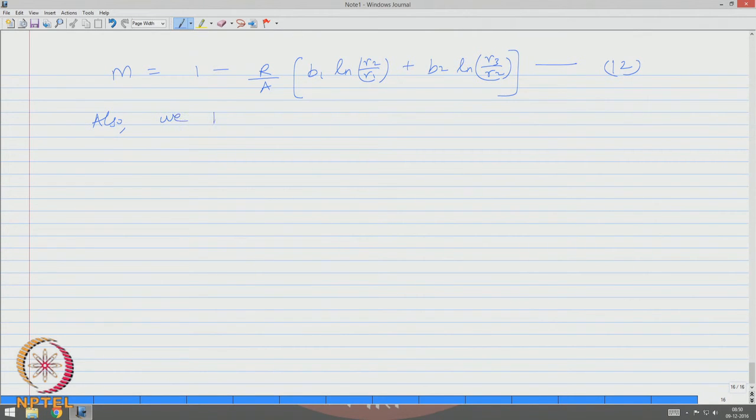Also, we know that E is M by M minus 1 into R. So, let us substitute that.